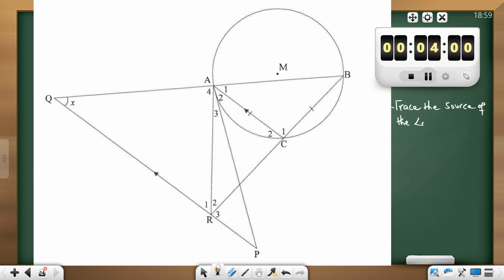Remember this point? These 2 points will help you get the 4.